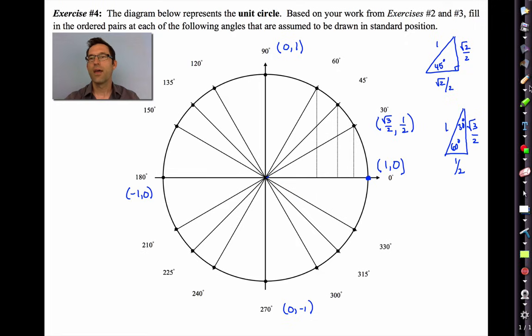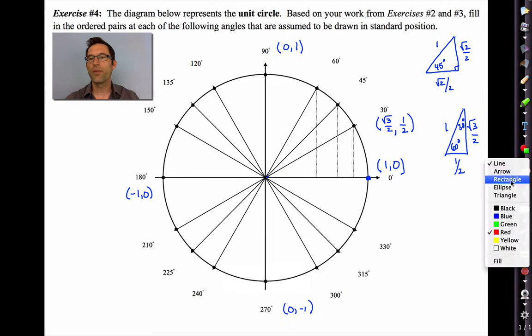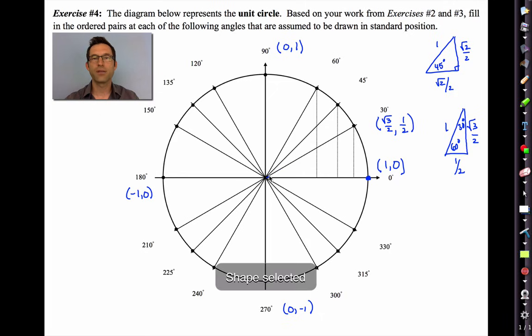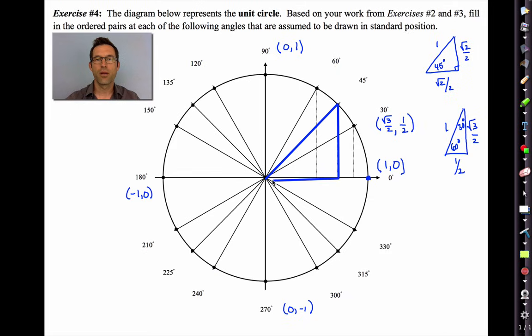All right, now let's take a look at the next angle at 45 degrees. Well, that thing is coming from this right triangle, right? But that right triangle is this 45, 45 right triangle, right?